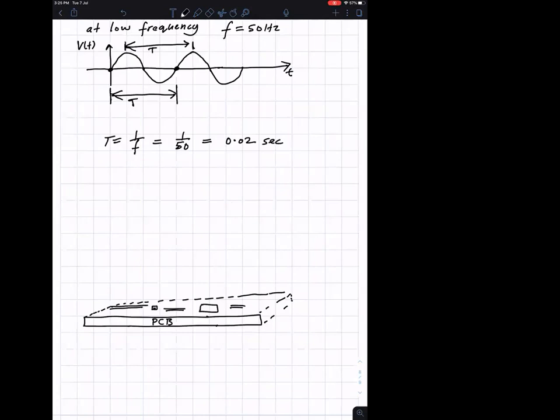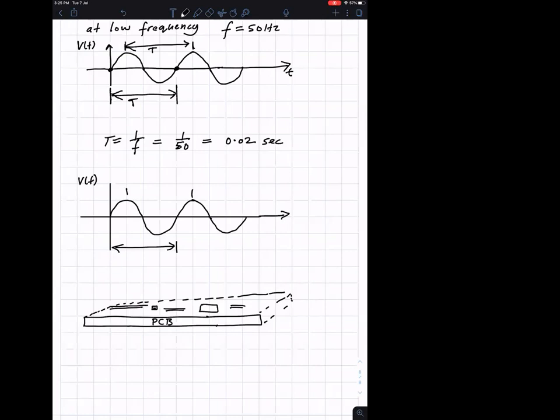So that's period. Now I'm asking you, what is wavelength? Two different things, right? For the same wave that I have drawn above, wavelength also you can go from peak to peak, or you can go from zero crossing to zero crossing, and also can have voltage here, but the horizontal axis is not time.